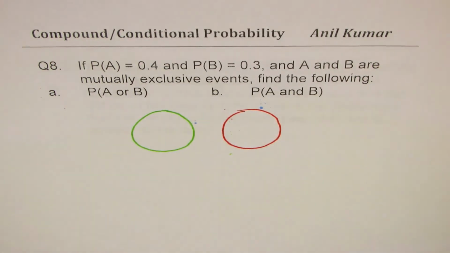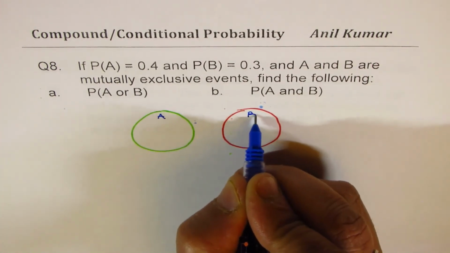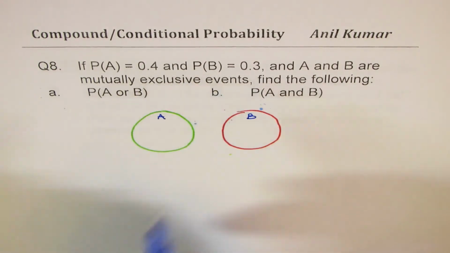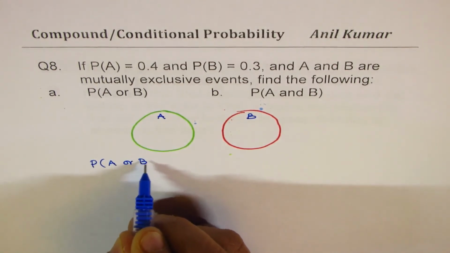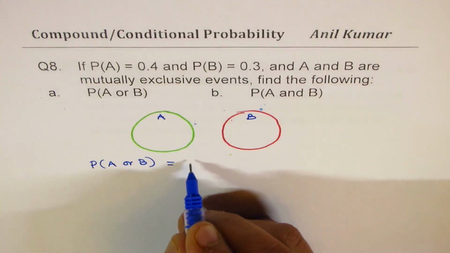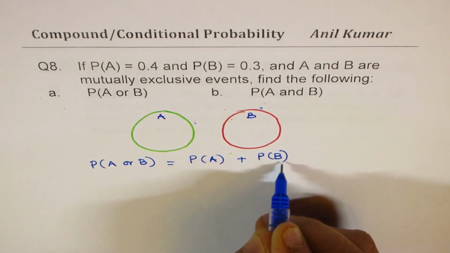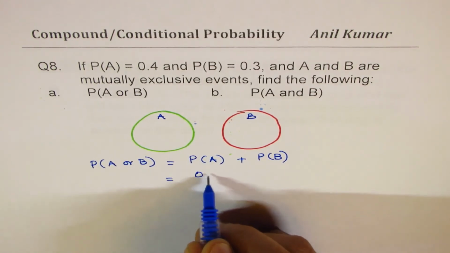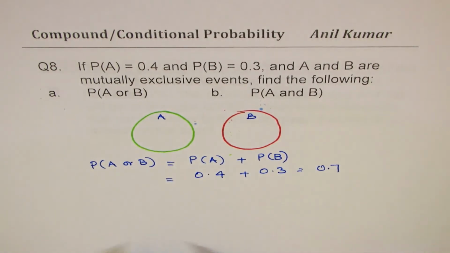These are the events A and B. Since they are mutually exclusive, probability of A or B is equal to the sum of probabilities, probability of A plus probability of B. Since there is no intersection, we don't have to subtract anything. So we get 0.4 plus 0.3, which is 0.7.